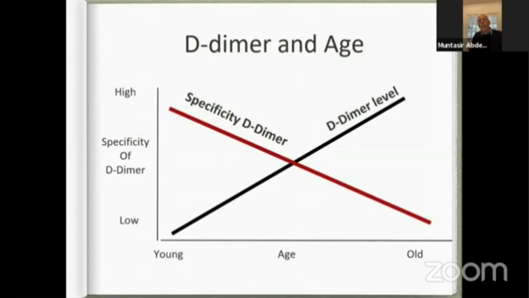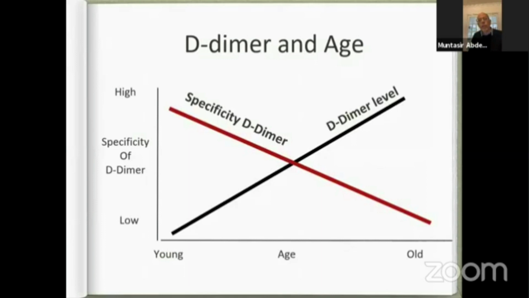At the same time, the specificity of D-dimer is less as people get older. And therefore, in old age, you'll have more positive D-dimer, which is less likely to be a very sensitive test in old age.